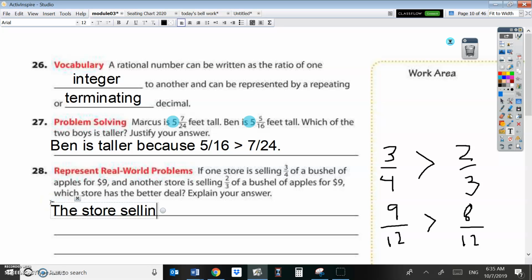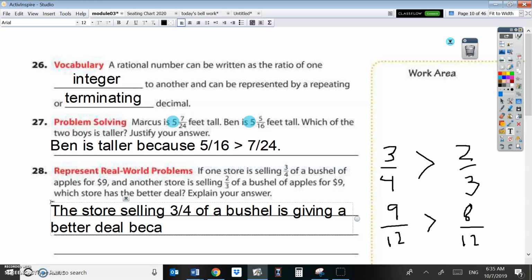The store selling 3/4 of a bushel is giving the better deal, because 3/4 is greater than 2/3.